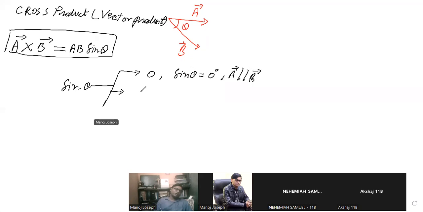So they produce 0. Now the value is 1 when the angle is 90 degrees. The value of sine theta is 1. In this case, vectors are mutually perpendicular. And the third value is -1 when the angle is 180 degrees or pi.